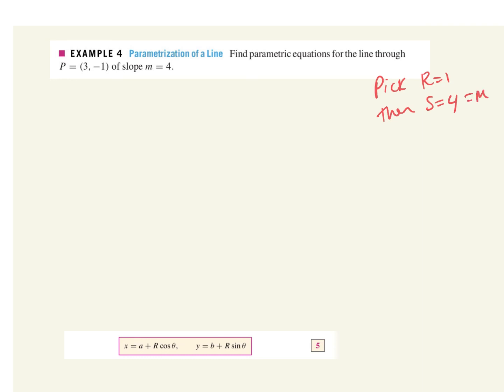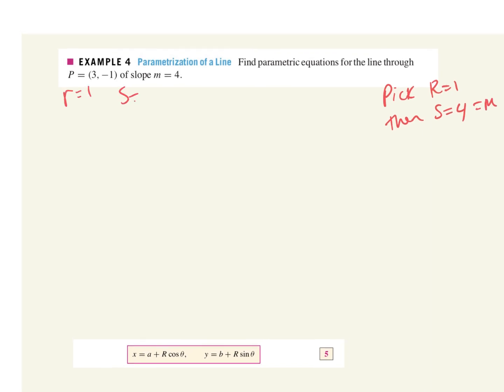That's the easiest way. Then x equals 3, which is our a, plus r t, which is just t, and y equals b, which is negative 1, plus st, or 4t.